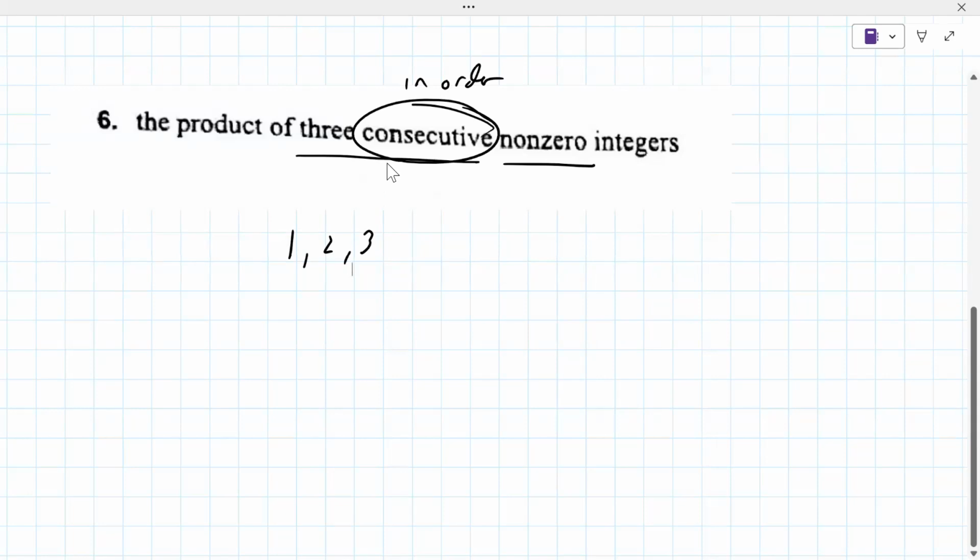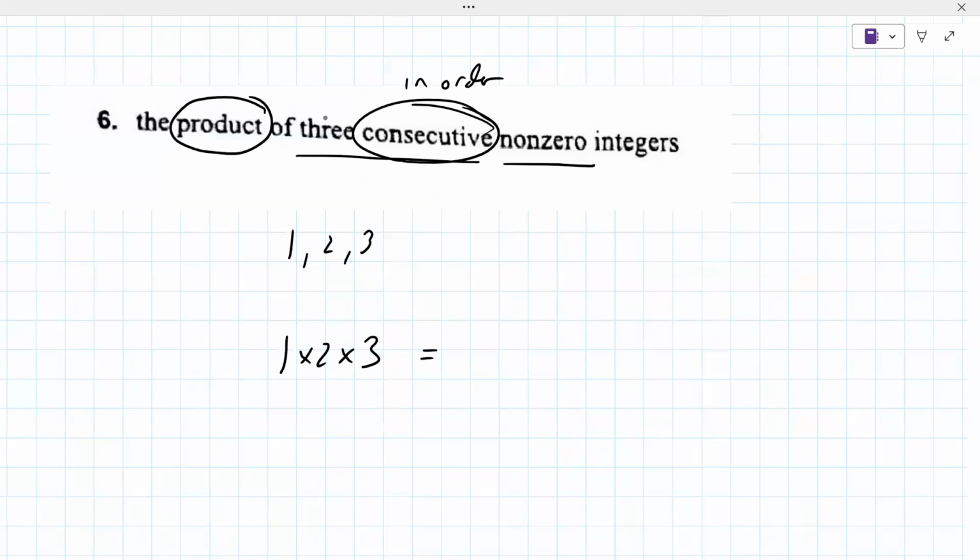Now, what is the math operation of product? Multiplication. And what do you know about the product here? It's 6. All right.